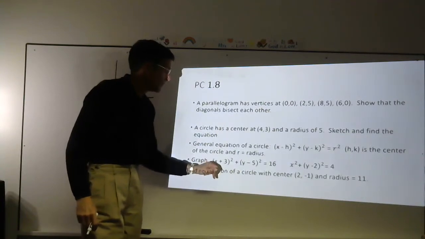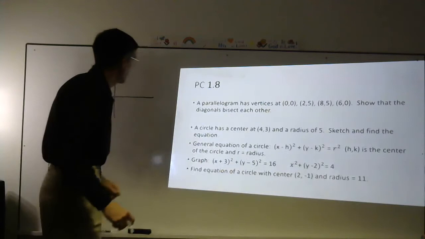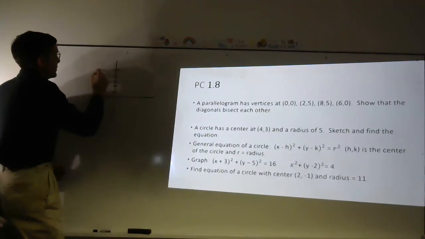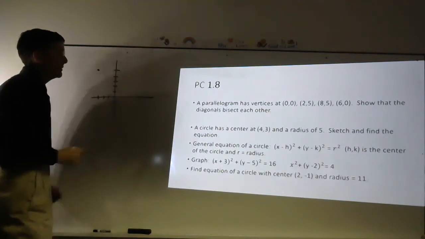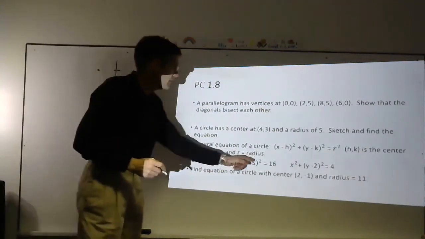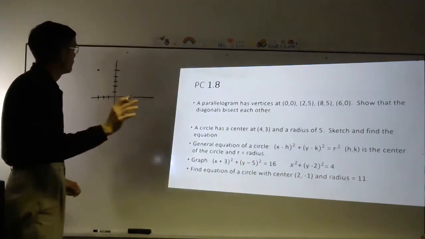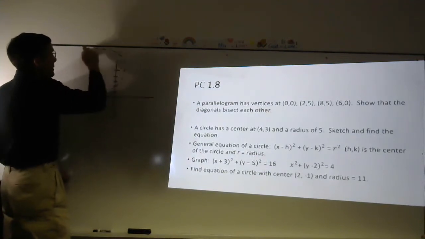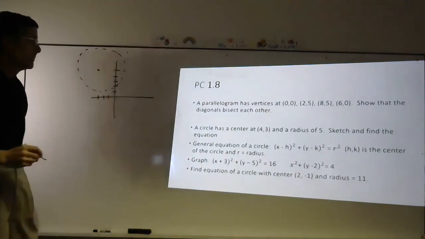The center of this circle has to be at negative 3, 5. So it's right about there is the center. The radius is 4. So it doesn't come the whole way down and touch here, and it goes over here and it laps here. Here is the circle. Okay?